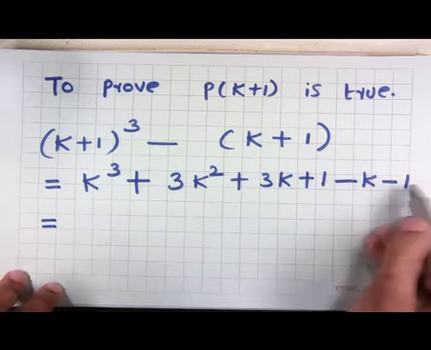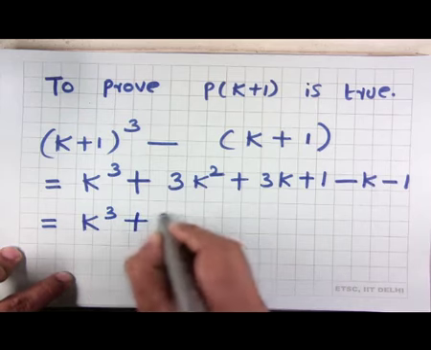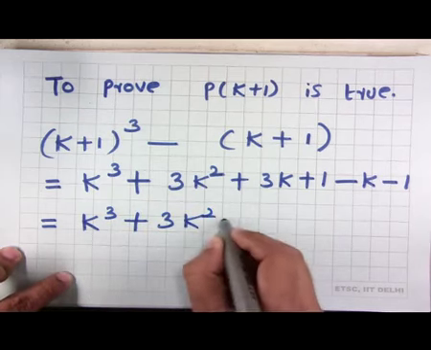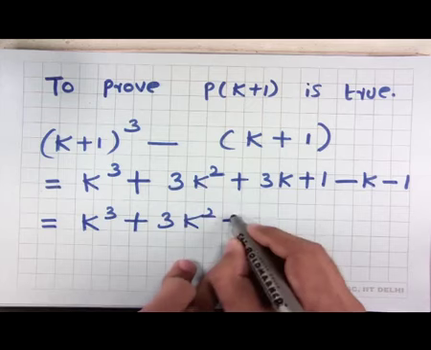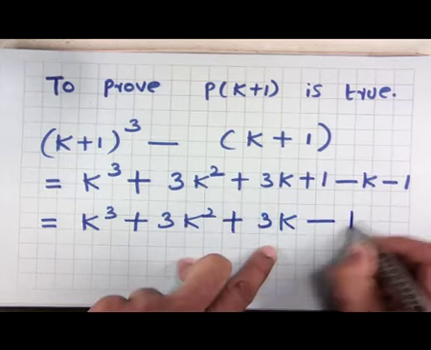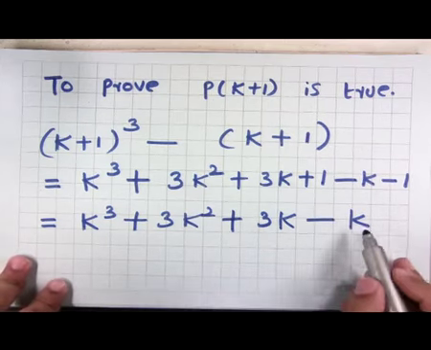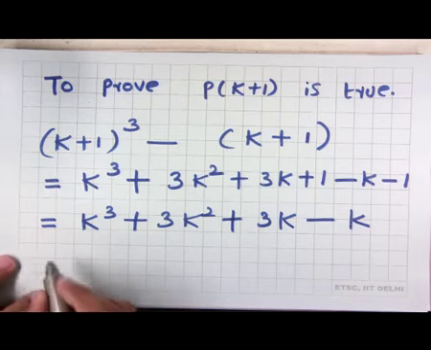The 1 and minus 1 cancel and you will get k cube plus 3k square plus 3k minus k. I have intentionally put 3k minus k, I have not simplified it.